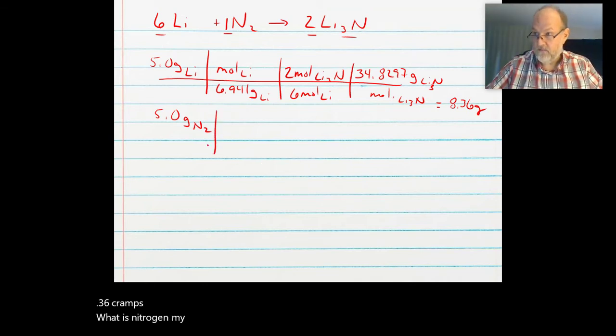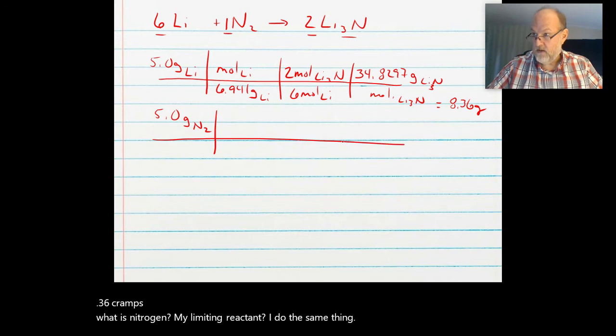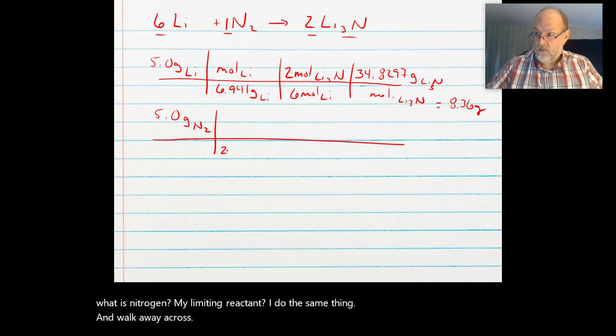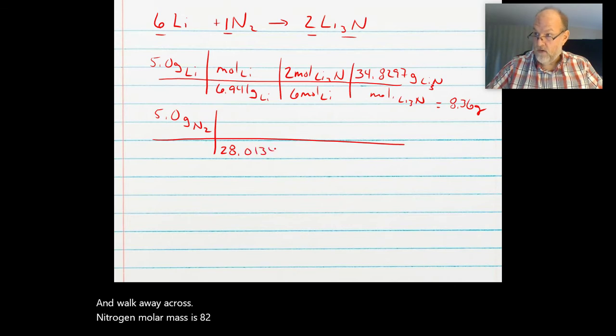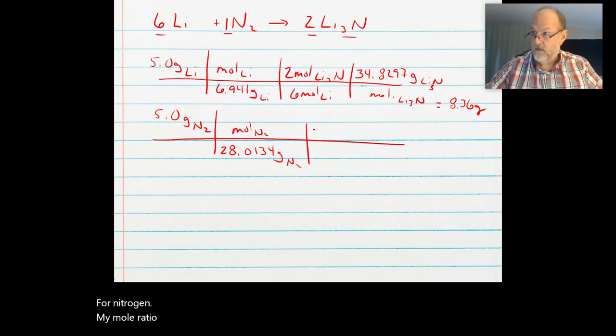Well, I'll do the same thing. Walk my way across. Nitrogen's molar mass is 28.0134 grams per mole for nitrogen. My molar ratio for nitrogen is for every 2 moles of lithium nitride, I only need 1 mole of nitrogen.